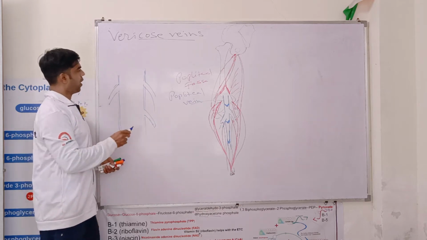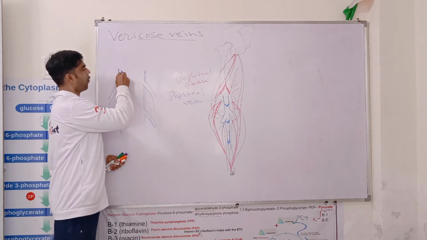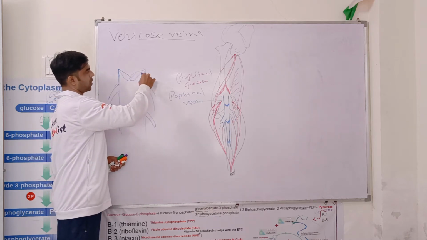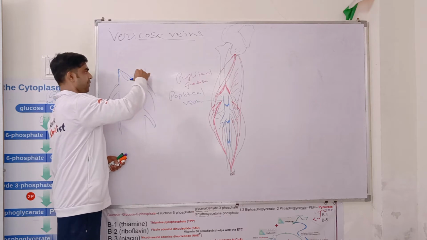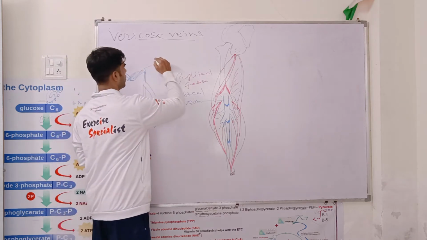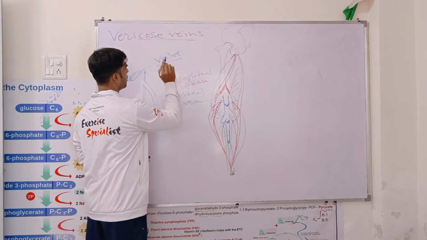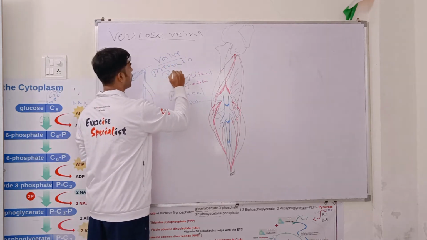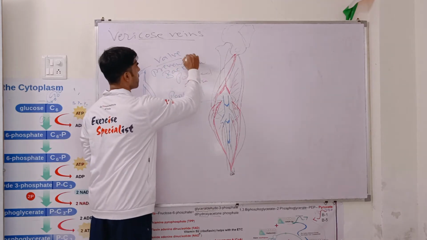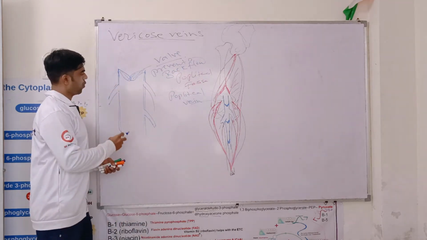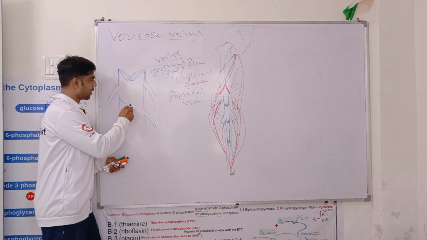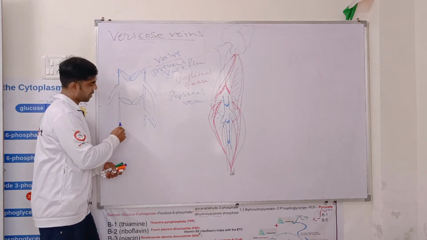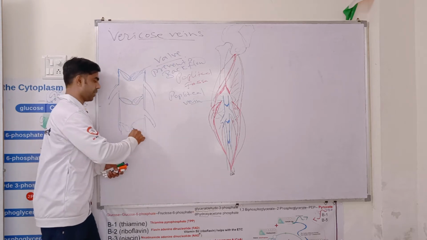Okay. Now at this point we have a valve. So what does this valve do? Valve prevents backflow, right? Suppose one valve is present at this point, then one valve is present at this point.